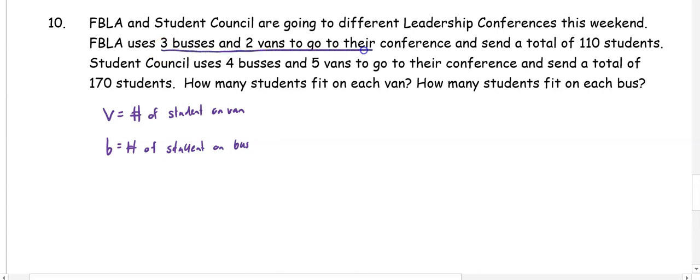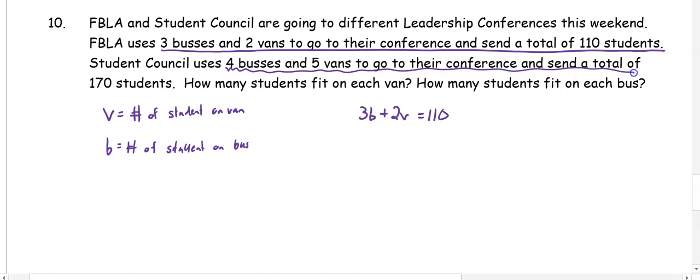So FBLA uses 3 buses, so 3B plus 2 vans, 2V equals 110 for that total people that they were transporting. Student Council uses 4 buses and 5 vans to send 170 students. So we have 4 buses, 4B, plus 5 vans, 5V is equal to 170.